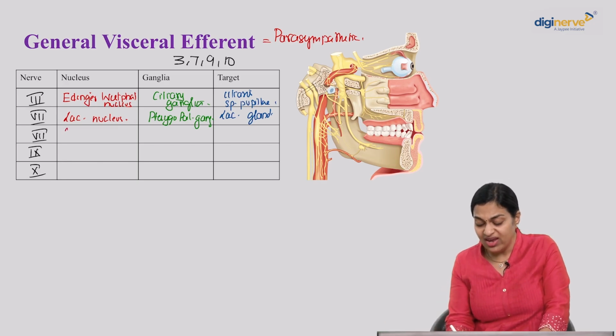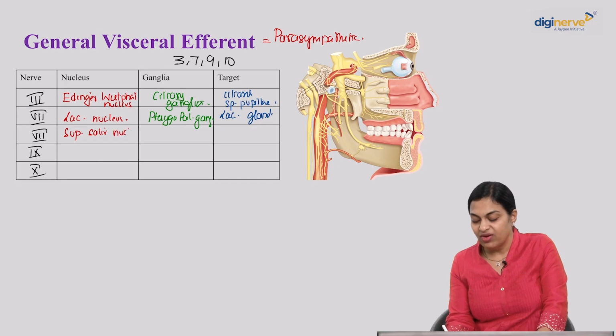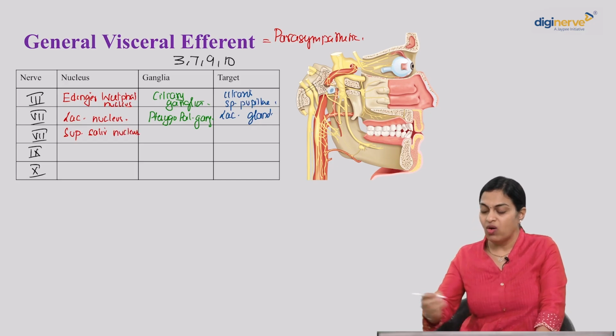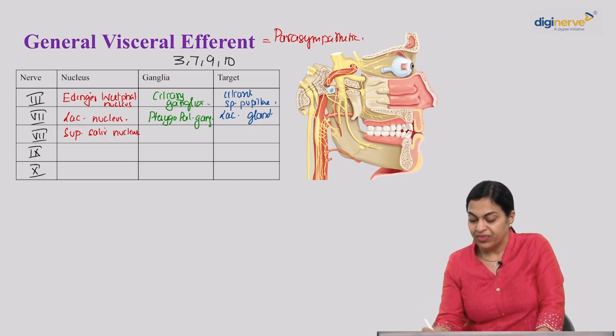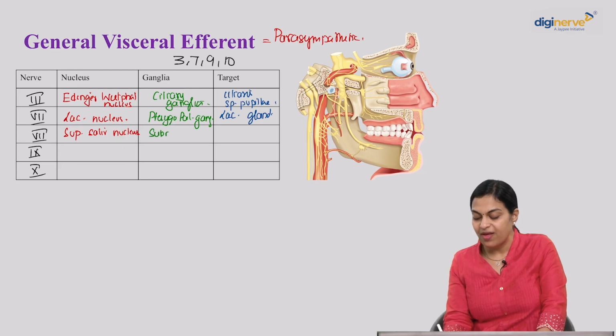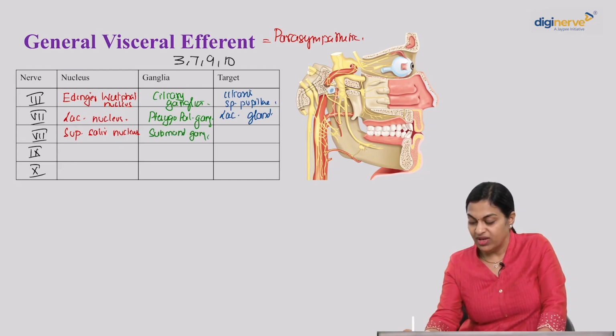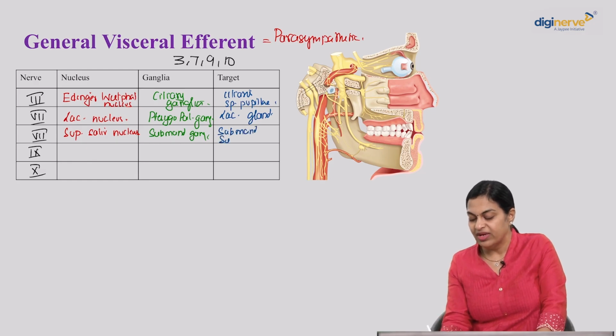Okay. Again, we have the superior salivatory nucleus from which the fibers will go along the facial nerve. They will synapse in the submandibular ganglia to innervate the submandibular and sublingual salivary gland.